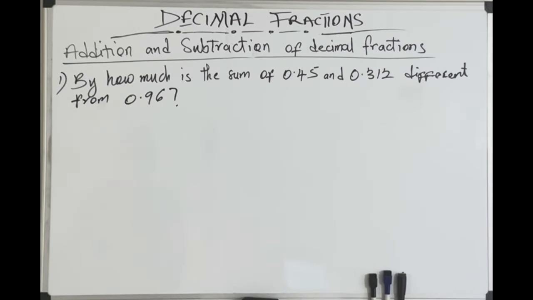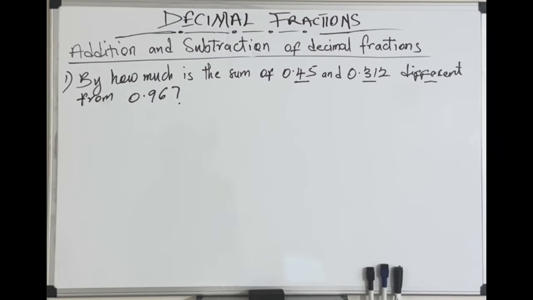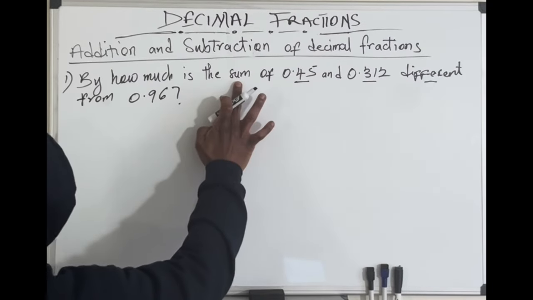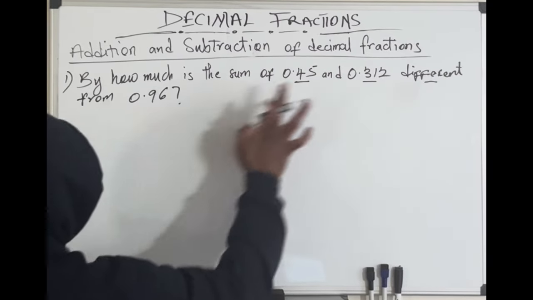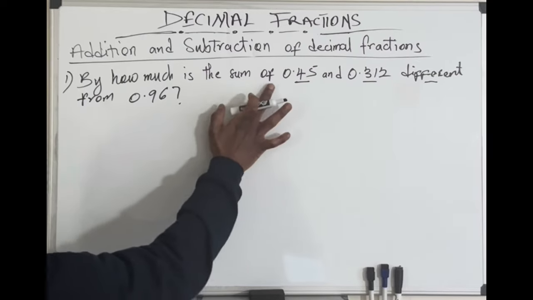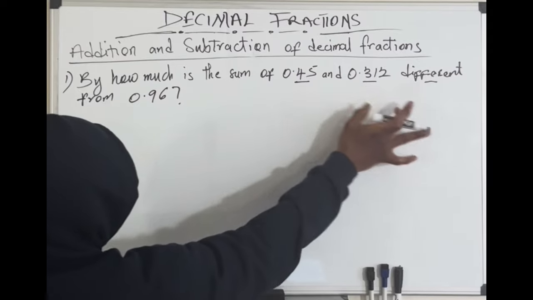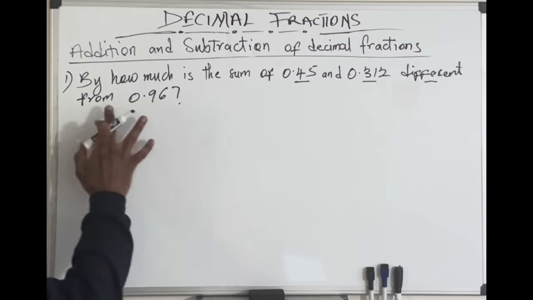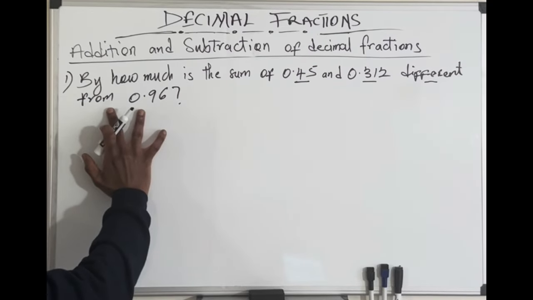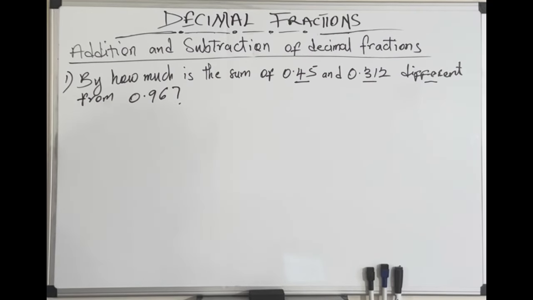Let's work this interesting question. By how much is the sum of 0.45 and 0.312 different from 0.96? Sum means addition, different means subtraction. So that means we add these two, and then the difference is what we subtract from the 0.96.